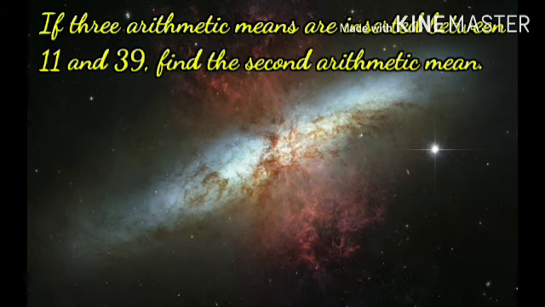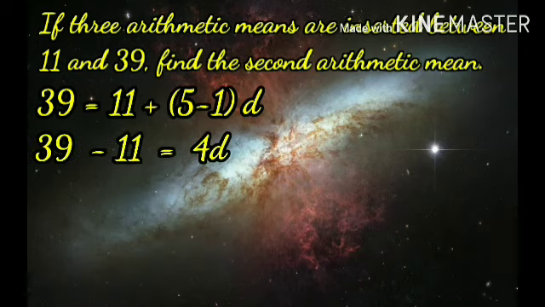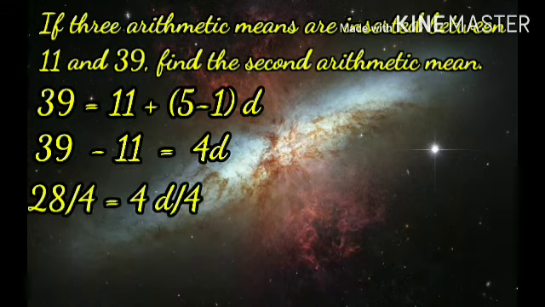The working equation will be 39 is equal to 11 plus the quantity of 5 minus 1 times the common difference. By addition property of equality, 39 minus 11 is equal to 4d, and 39 minus 11 is equal to 28. By dividing both sides by 4, we will have 7 as the common difference.